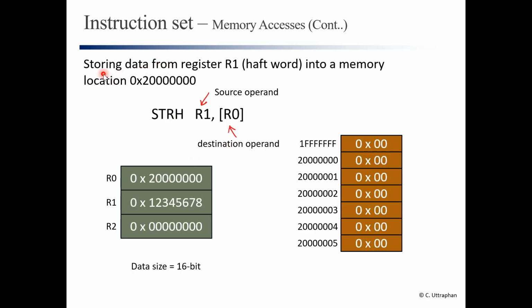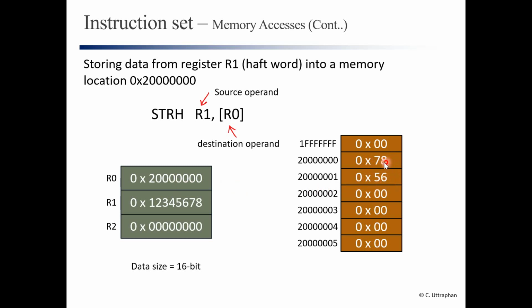Now, we will look at storing a halfword value from the register to the memory. R1 is now the source operand and R0 is the destination operand. R0 contains the effective address, which is the address that we want to move the content of R1 to. After we execute the instruction, the lower halfword of R1 will be copied to the memory addresses hex 20000000 and 20000001.